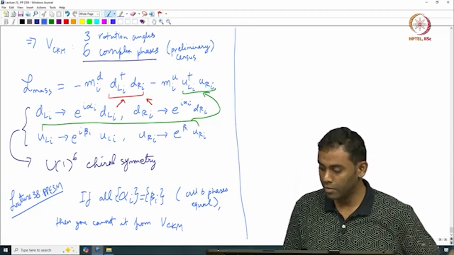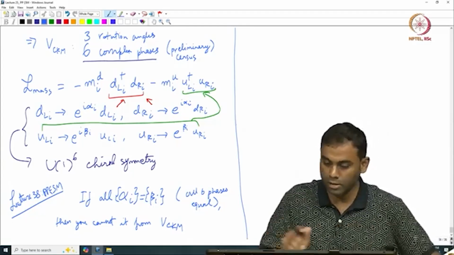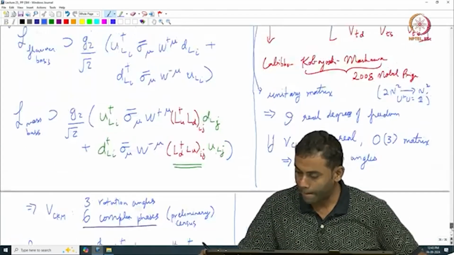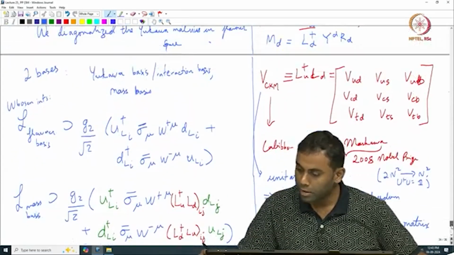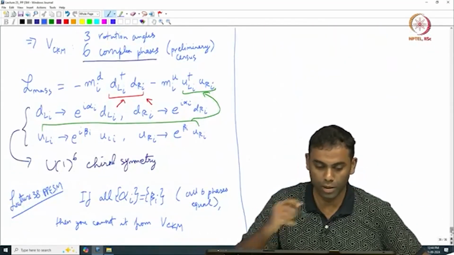If this is not clear already, let me actually illustrate it by actually writing out the CKM matrix this way, okay.